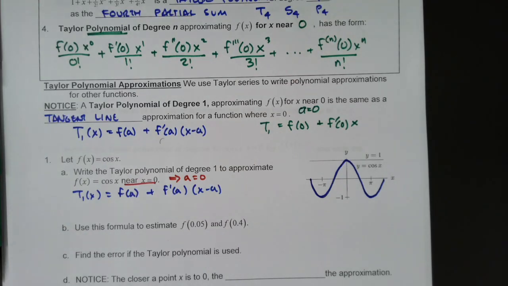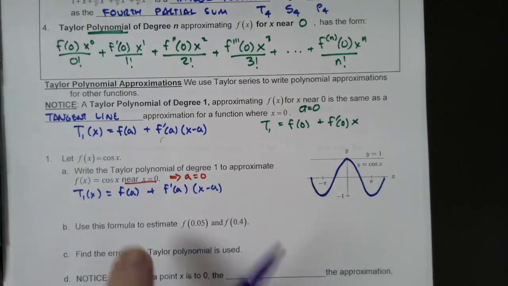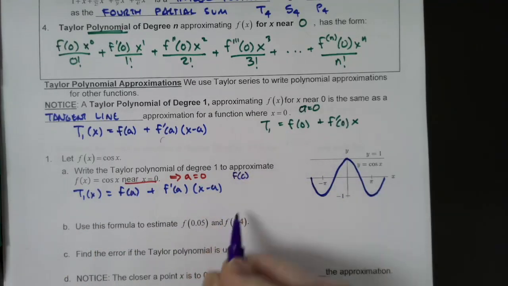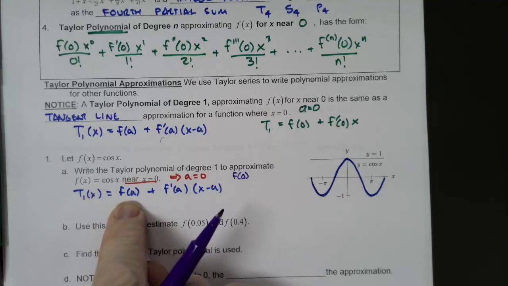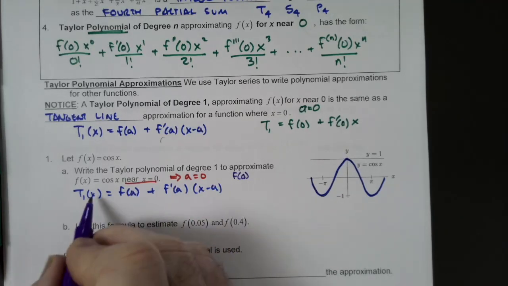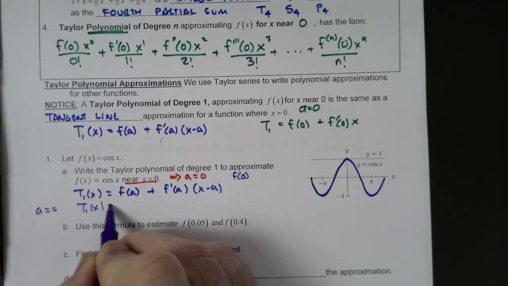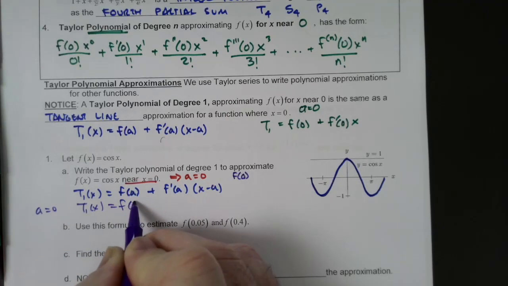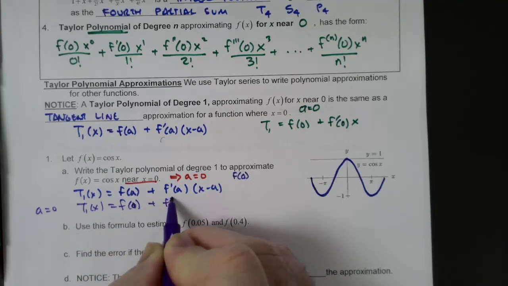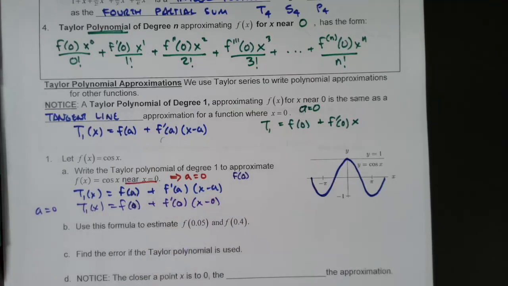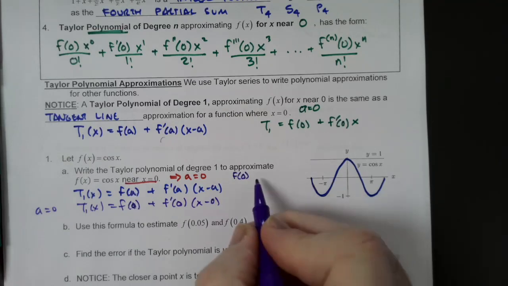So we're going to do f of 0. That'll be our f of a. I'll write it out here one more time just so you see when a equals 0. This will be f of 0 plus f prime at 0, and then of course x minus 0.